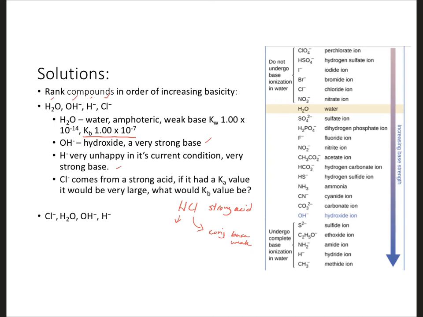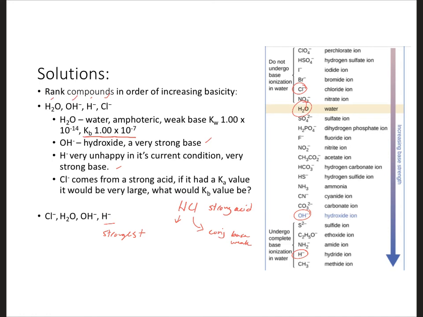If we go and look at one of our tables, we see that H minus is the best on our list, OH minus the next best, so now the strongest. Water is down here, not doing too much, and then Cl minus is not doing anything to water. It's not pulling any protons off of water because HCl completely ionizes.